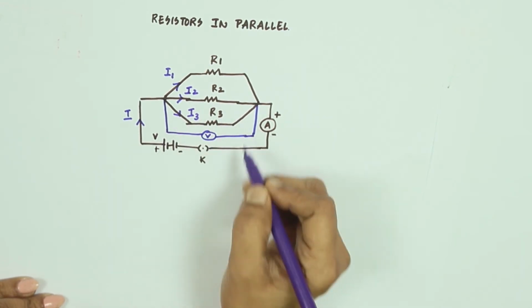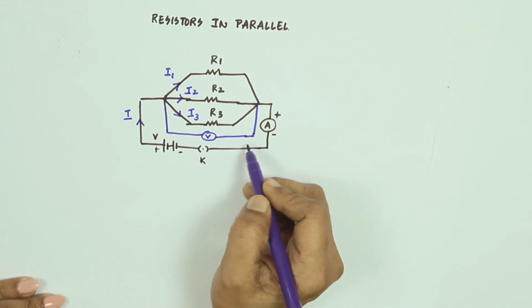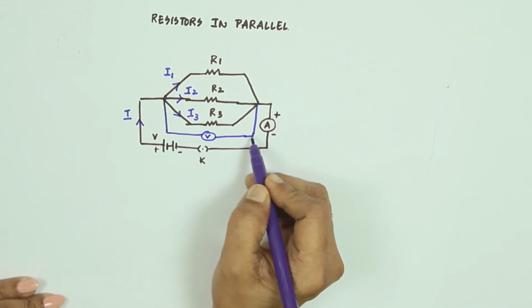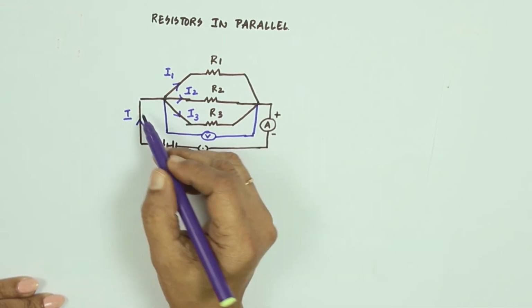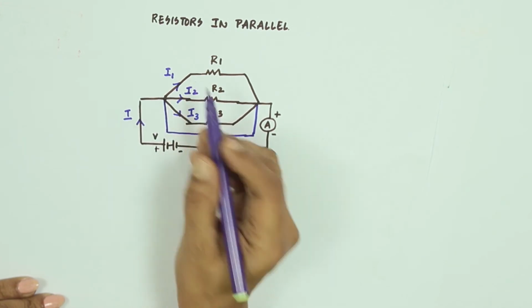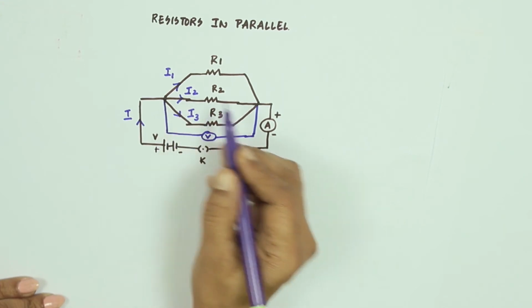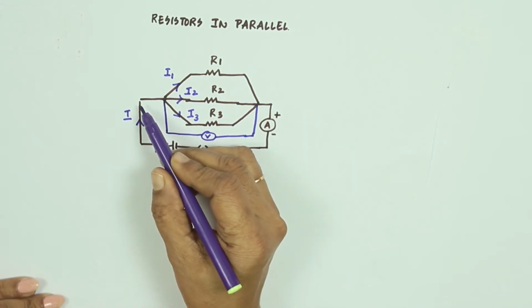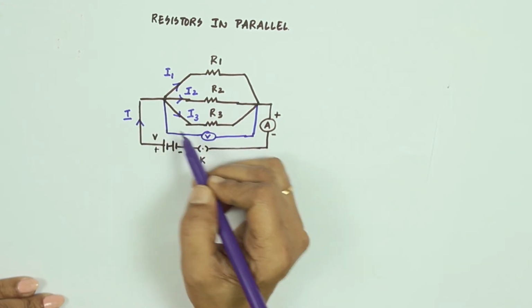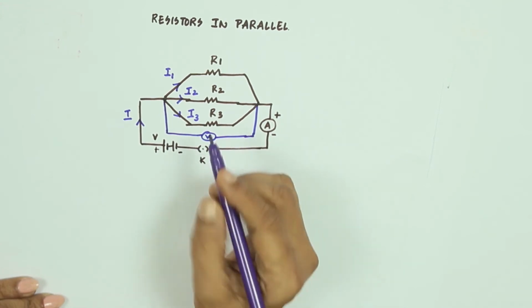So, in a parallel connection the voltage, that is the potential difference, will remain the same, whereas the current will vary as I1, I2 and I3. So, in a parallel circuit I does not remain a constant, whereas V remains a constant.